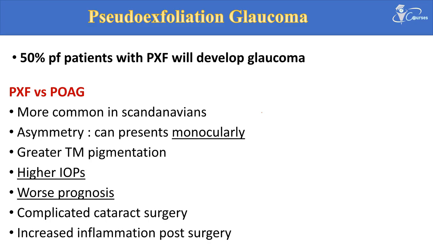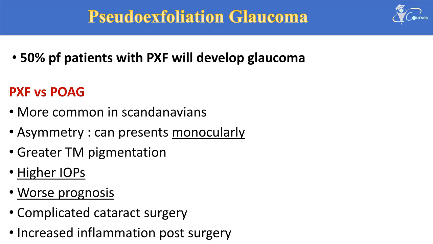It shows higher intraocular pressure. So those patients have more risk of worsening of their glaucoma. They will show higher intraocular pressure at onset, a faster rate of progression, and a worse prognosis, like poor response to medical therapy. They will need more surgical intervention.